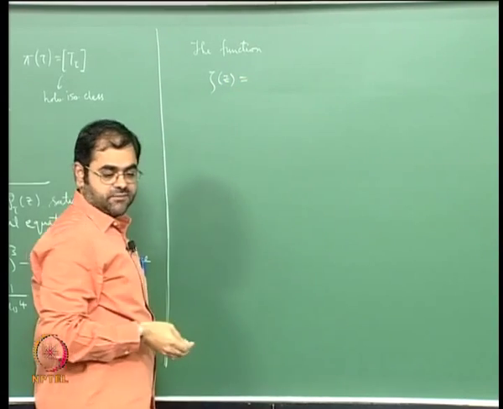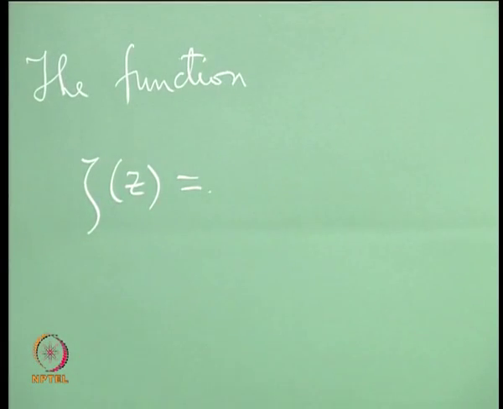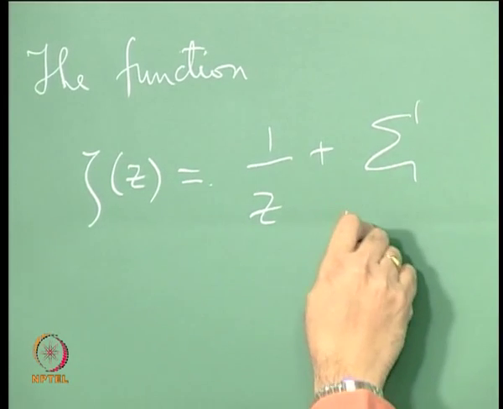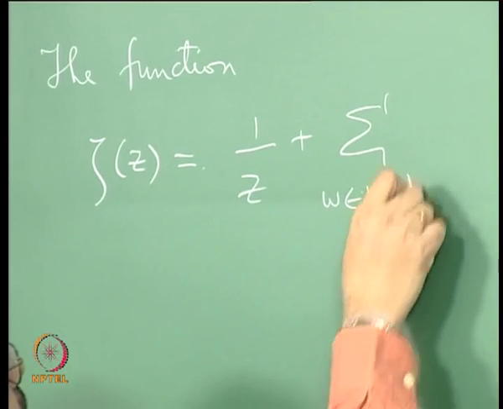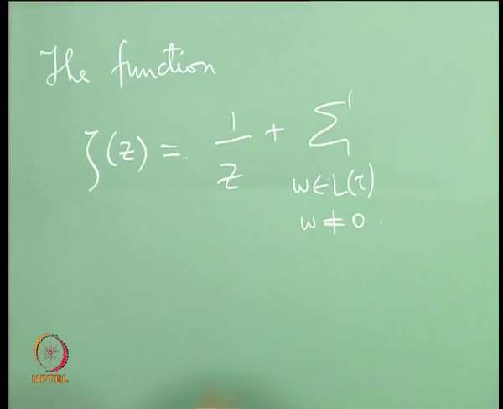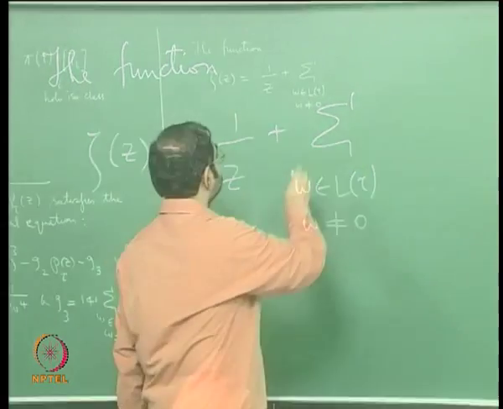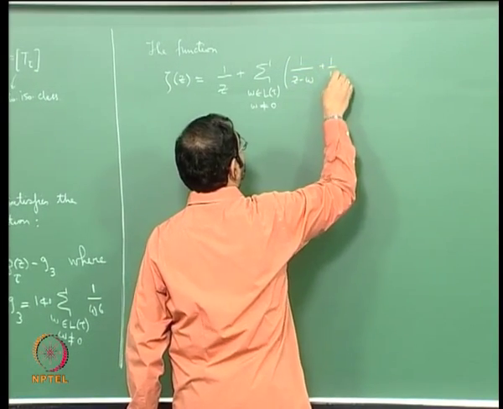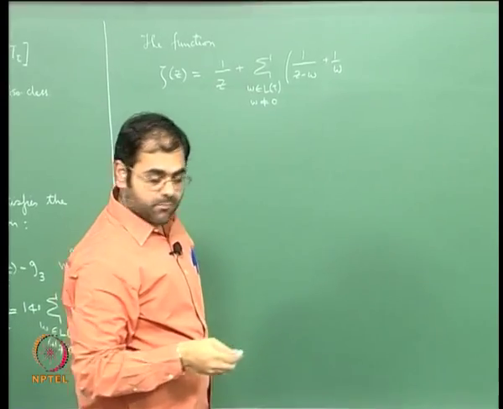So zeta of z is defined as 1 by z plus summation over elements omega of the lattice which are not 0, of 1 by z minus omega plus 1 by omega plus z by omega squared.